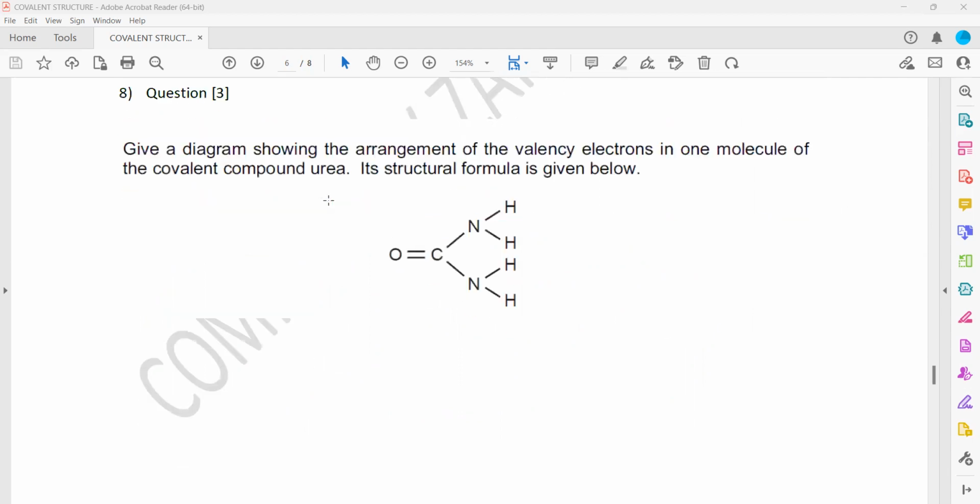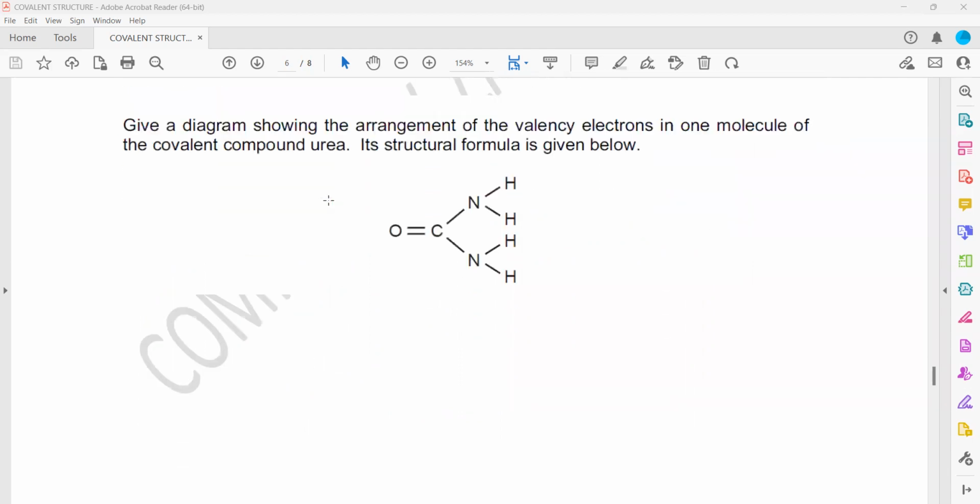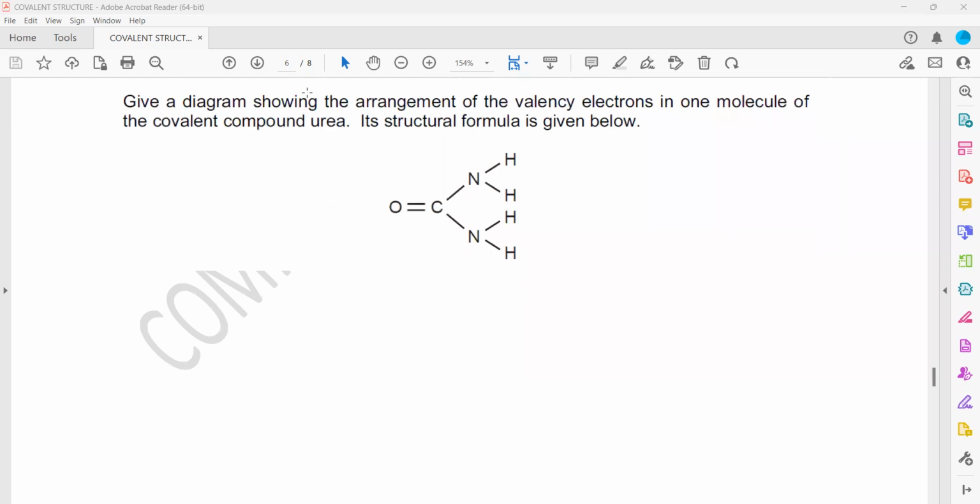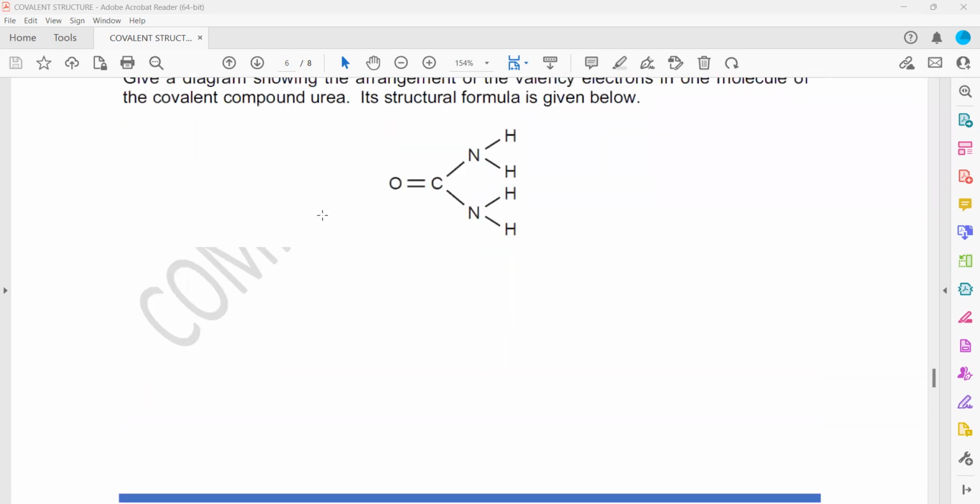The diagram shows the arrangement of valency electrons in one molecule of a covalent compound, urea, which contains nitrogen, hydrogen, carbon, and oxygen. Give the arrangement of valency electrons, like how electrons are arranged. First, draw in the same manner as given. Nitrogen is there, hydrogen, hydrogen.